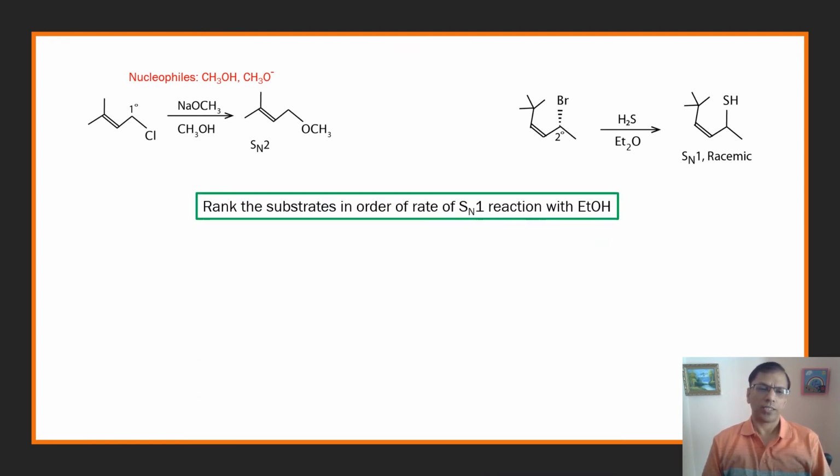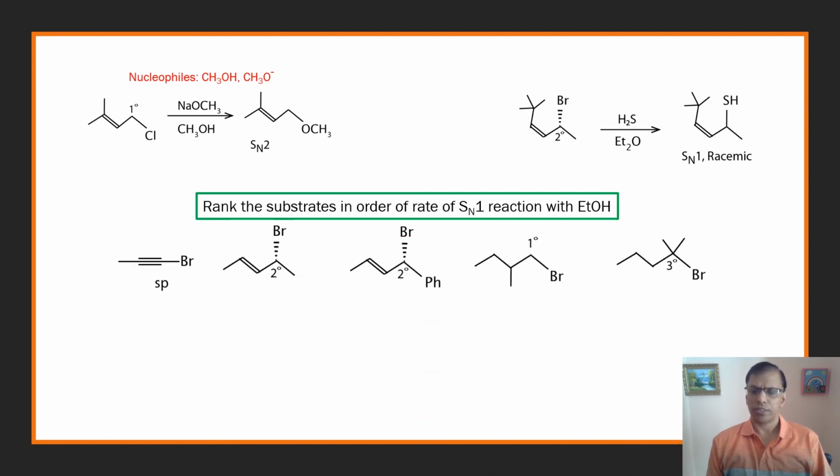So let's try to rank the substrates in order of the rate of SN1 reaction with ethanol. So these are the different substrates, and take a look at that and write down the answers, and once you have the answers you can check it.